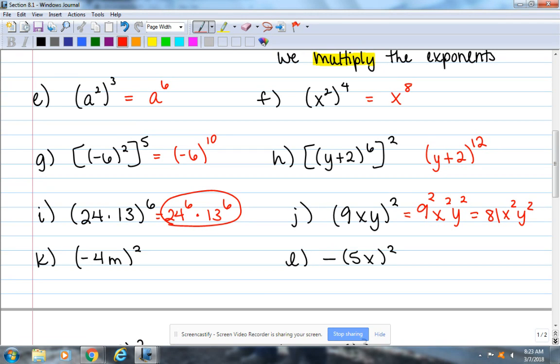So, how do y'all think we're going to do K? Okay, so negative 4 squared times m squared. What is negative 4 squared? My calculator says negative 16. Which one's right? Is it 16 or negative 16?